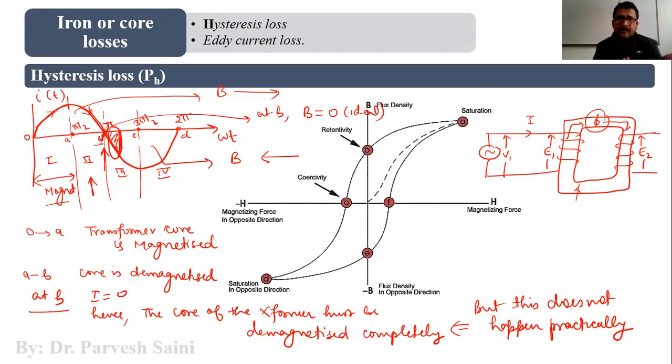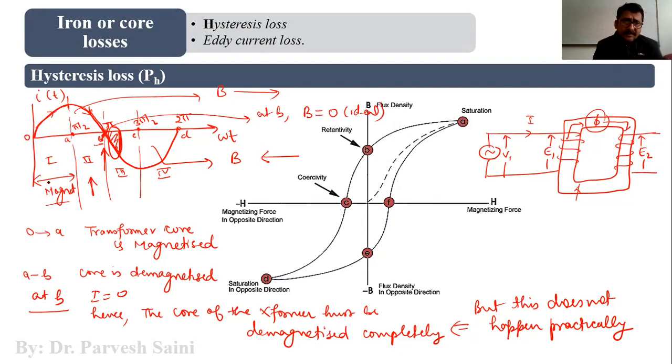We cannot avoid this thing because it is because of the bidirectional nature of the input supply. Now, how can we reduce this thing? Now, this is the question. This hysteresis loss cannot be zero. Now, before that, we must understand how these are losses.